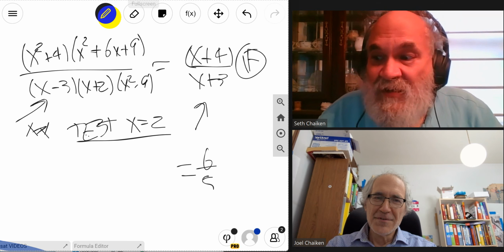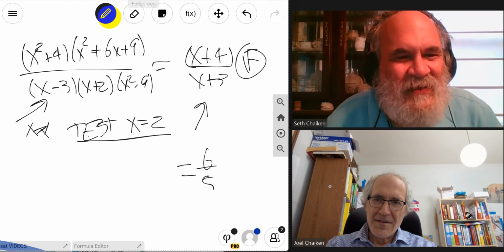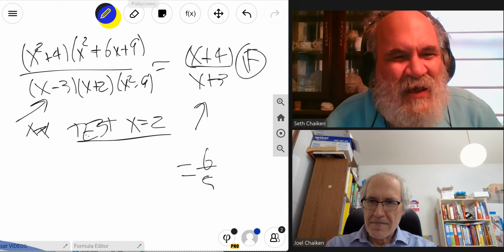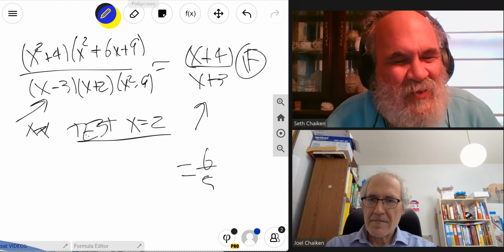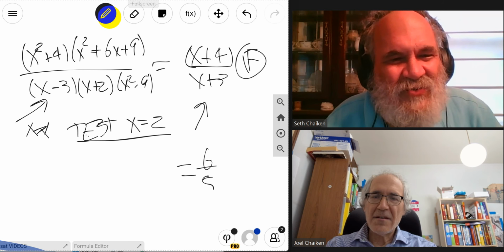And indeed, what you could see is that when x equals infinity, the numerator is a fourth degree polynomial, and the denominator is also a fourth degree polynomial, and the highest order coefficient is 1 in the numerator, which is the coefficient of x squared times the coefficient of the other x squared, which is 1.